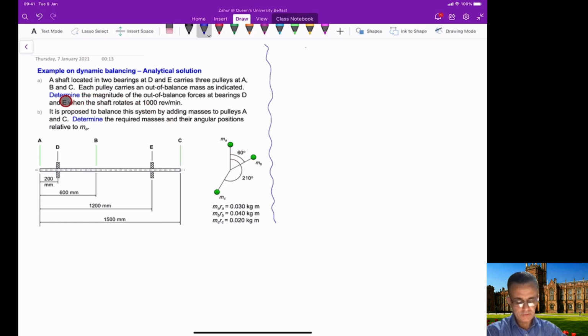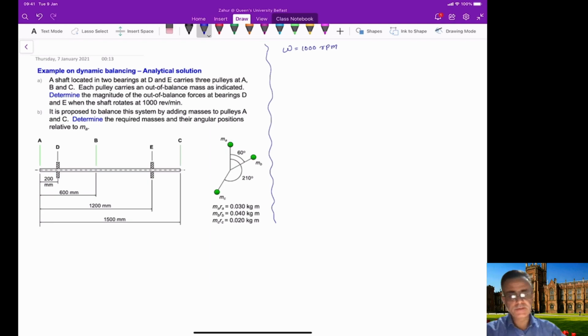Okay, so you need to determine the magnitude of the out of balance forces at bearings D and E when the shaft rotates at 1000 RPM. So what you are given here is omega, which is 1000 RPM.